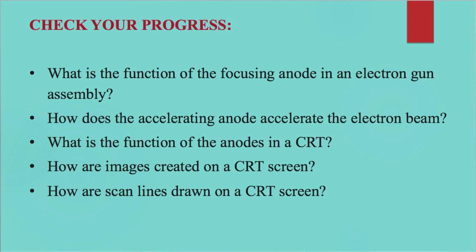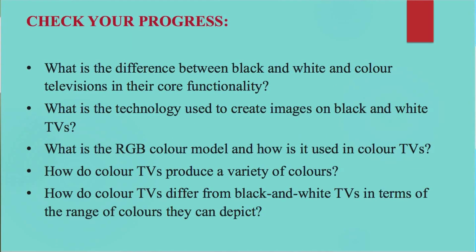What is the function of the anode in a CRT? Next, how are images created on a CRT screen? Next, how are scan lines drawn on a CRT screen? Next, what is the difference between black and white and color television in the core functionality?